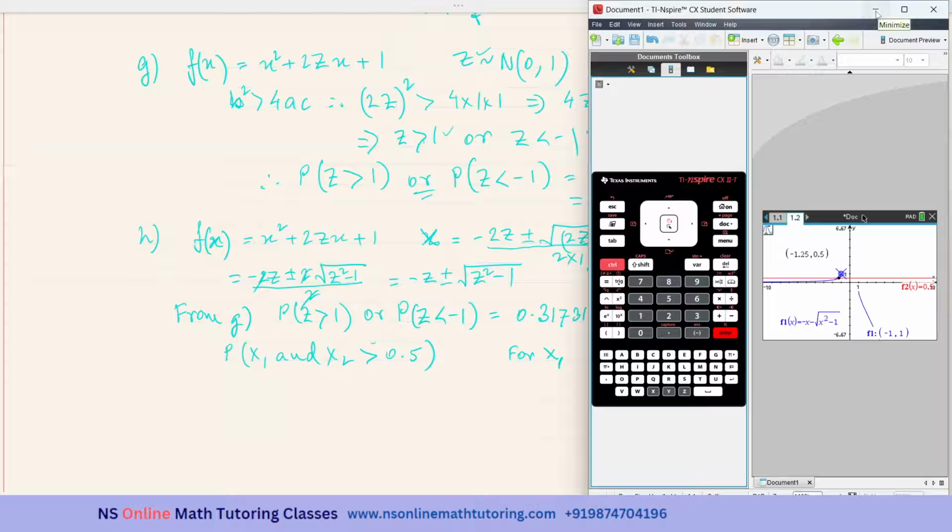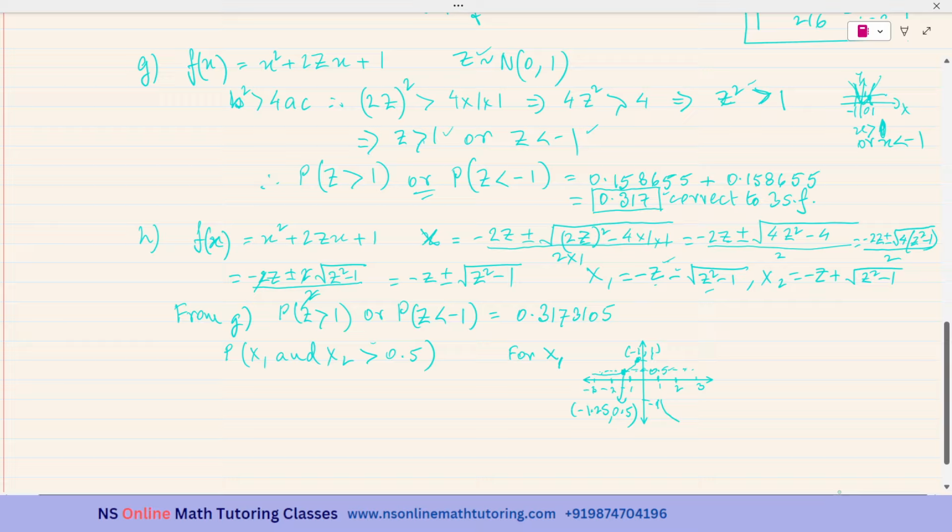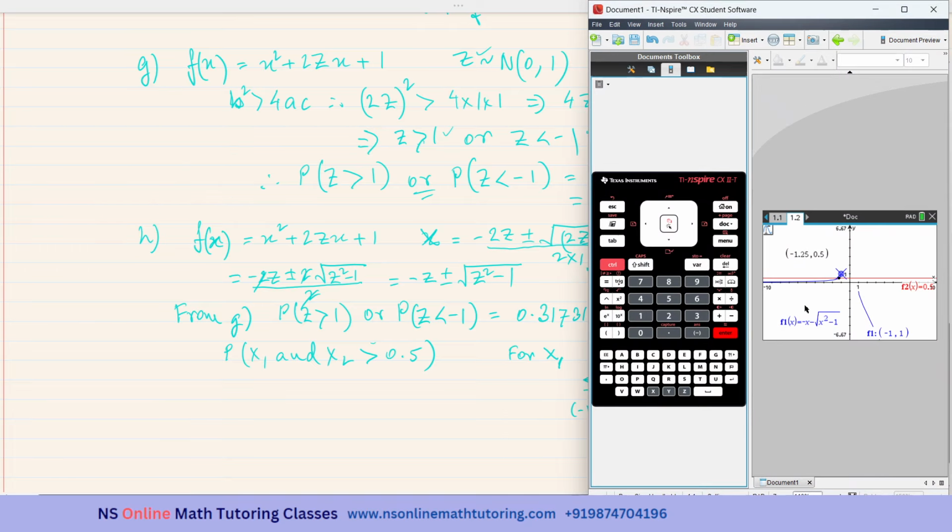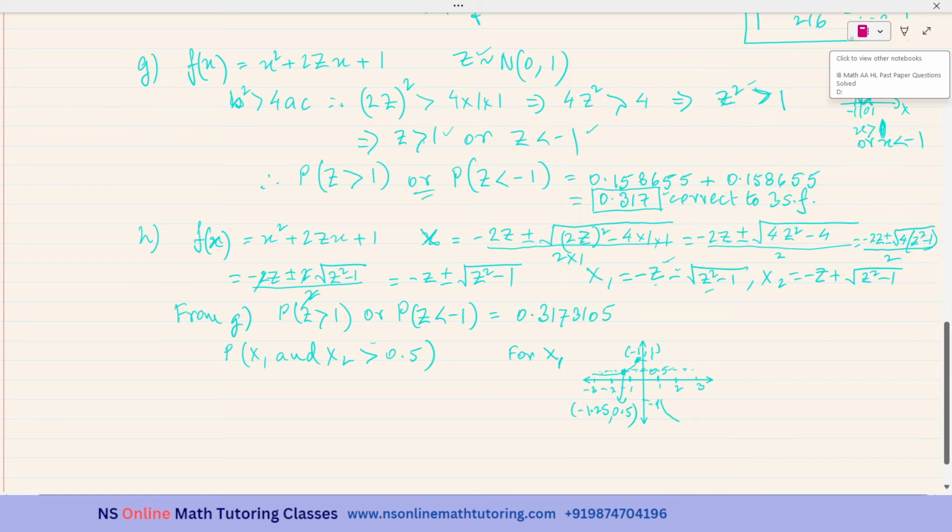Let me do it. Okay, so you see, I have drawn this graph. You don't have to be accurate. You have to just show the shape. There are two branches and it is crossing the 0.5 horizontal line at this point, negative 1.25 comma 0.5, and it is moving up to negative 1 comma 1. Okay, and this is the other branch. So this is for x1.